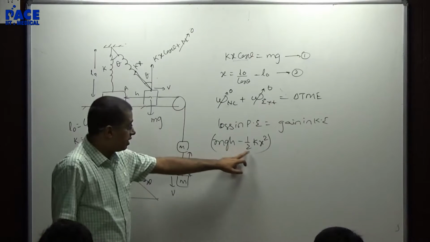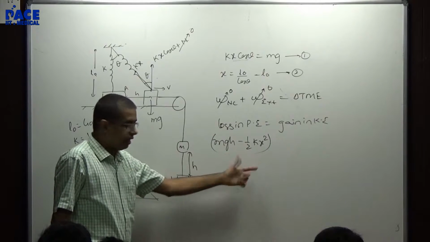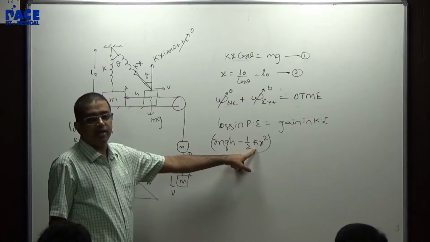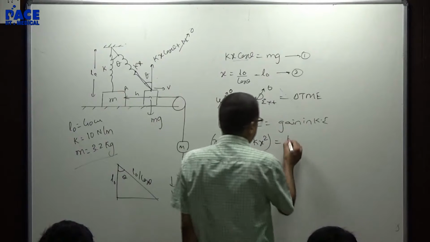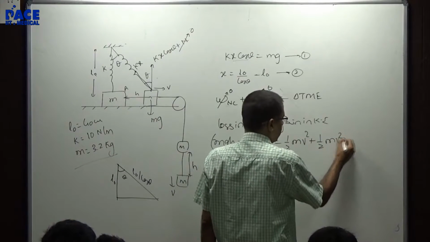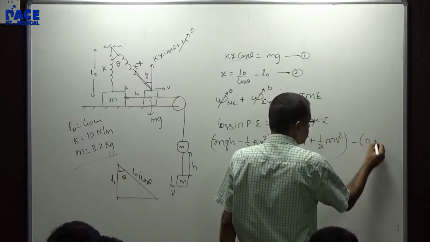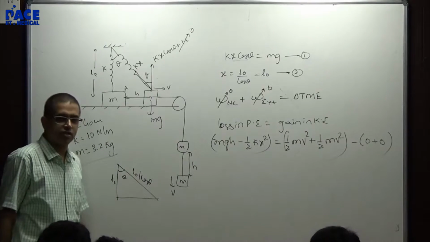Right? But there is a gain in it. So the net total loss in potential energy will be the loss by the height minus the gain in the spring. Equate it to half mv square plus half mv square, the final kinetic energy of both the blocks, as both have the same mass. Initial kinetic energy of both the blocks is 0 as they are released from rest.